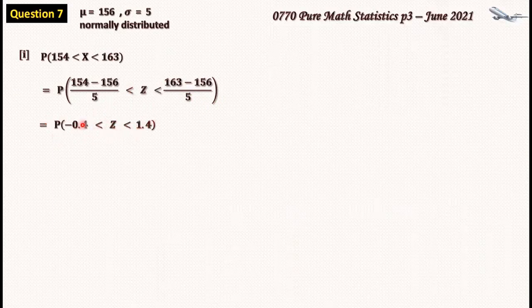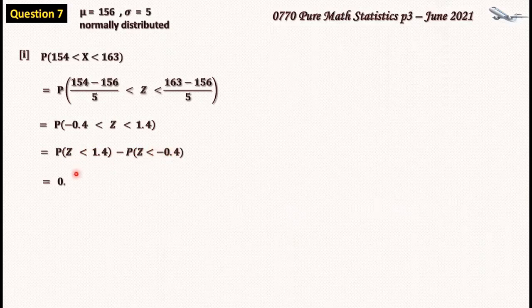Since the z-score gives the area under the curve, this area will be equal to the area when z equals 1.4 minus the area when z equals negative 0.4. So this is the probability of z less than 1.4 minus probability of z less than minus 0.4.